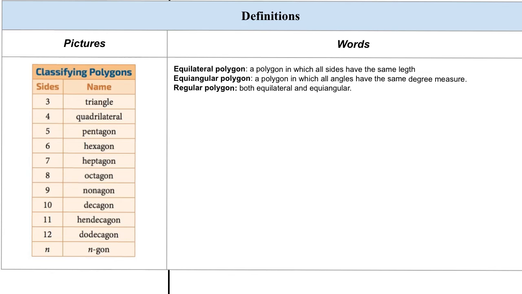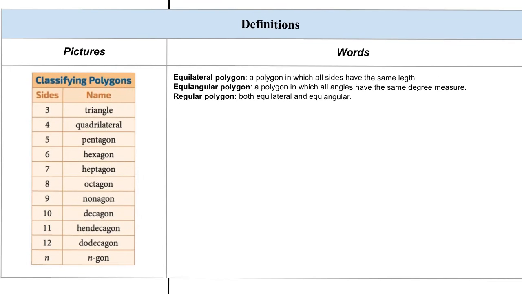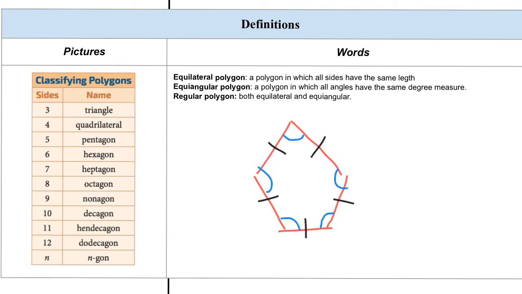But just remember, regular polygon, this is not going to be pretty because my drawing skills are limited. So we're going to pretend. I'm going to put markings on this. All of these sides are exactly the same length, making it equilateral, and all of these angles are exactly the same, making it equiangular. Therefore, this is a regular pentagon.